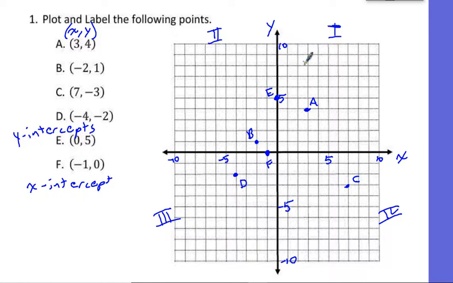So point A is in quadrant 1. Point B, quadrant 2. Point C over here is in quadrant 4. Point D is in quadrant 3.